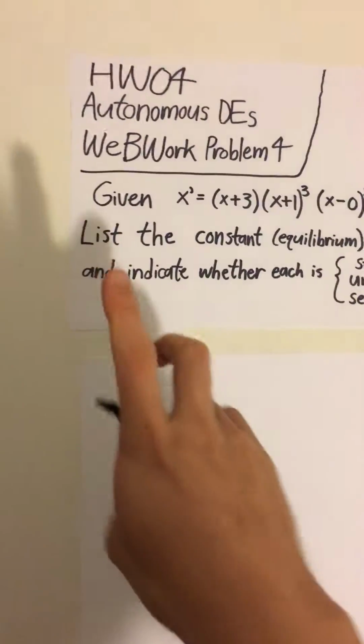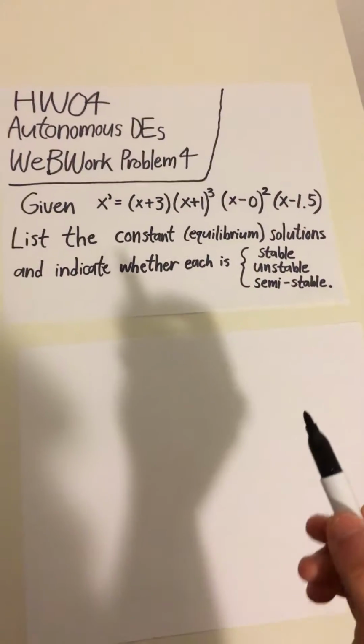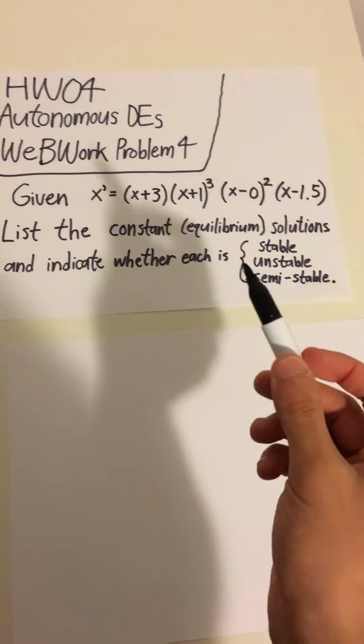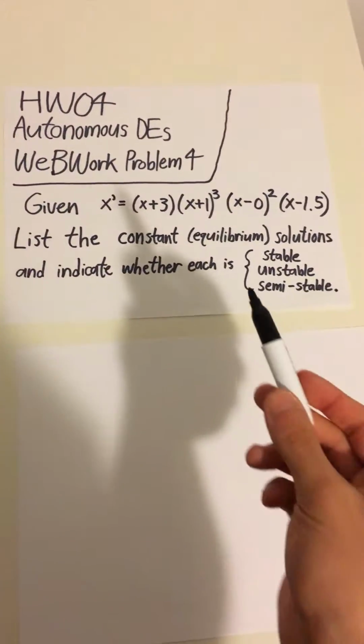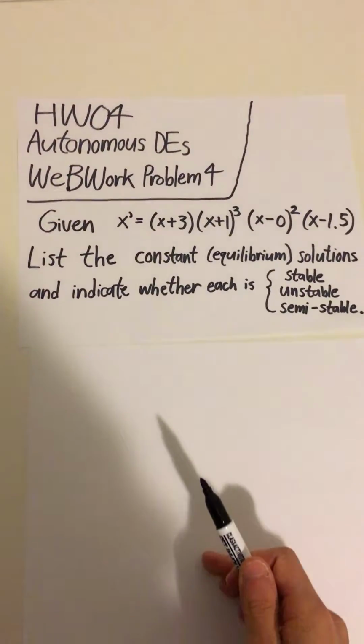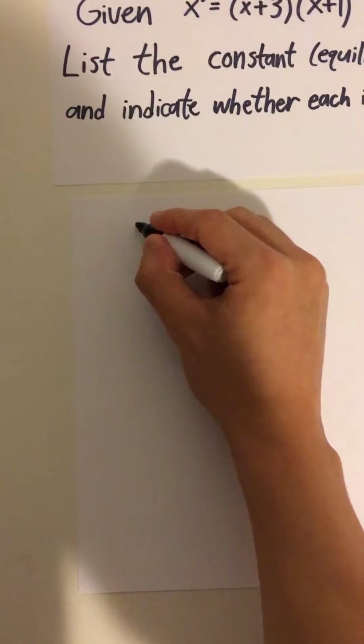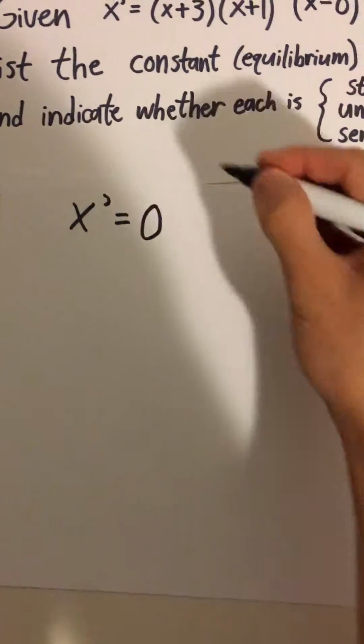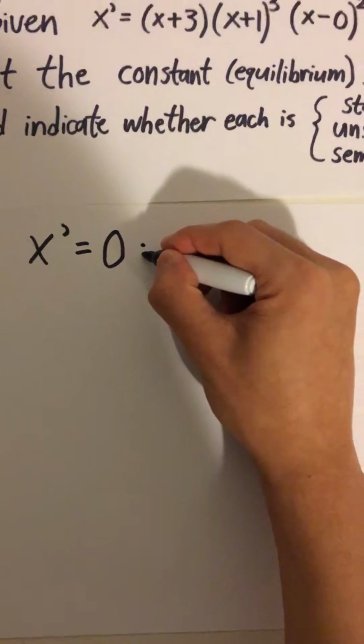First, we need to find the roots of our differential equation, our function of x. And here it is easy because we are given a monic polynomial with its linear terms factored out. So our x prime is going to be equal to 0 when any of these linear factors are equal to 0.